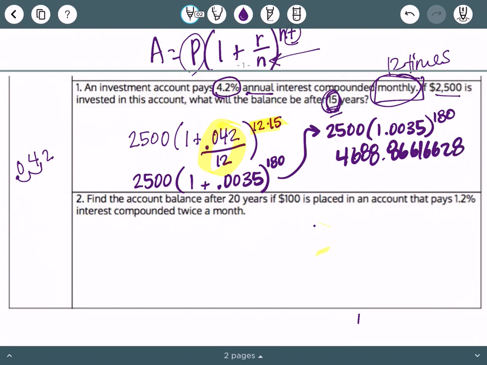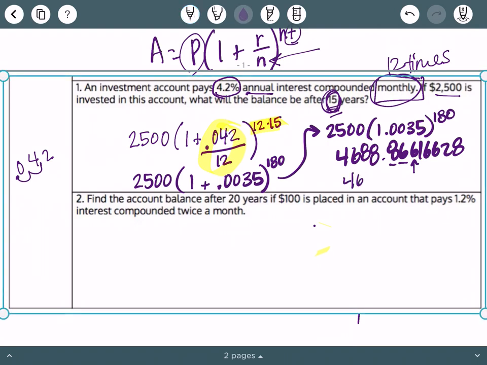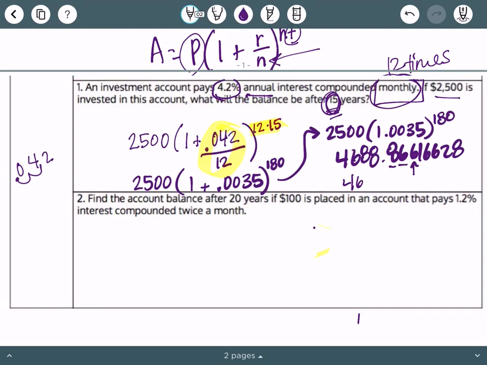In this case, we're dealing with money, so it makes the most sense to do 2 decimal places for my cents. I see that this one means that we are going to round up. So I'd have $4,468.87. Put my dollars there. Mark that one up there. Right, so the hardest part is just figuring out what to plug in, and we can put most of it in our calculator.